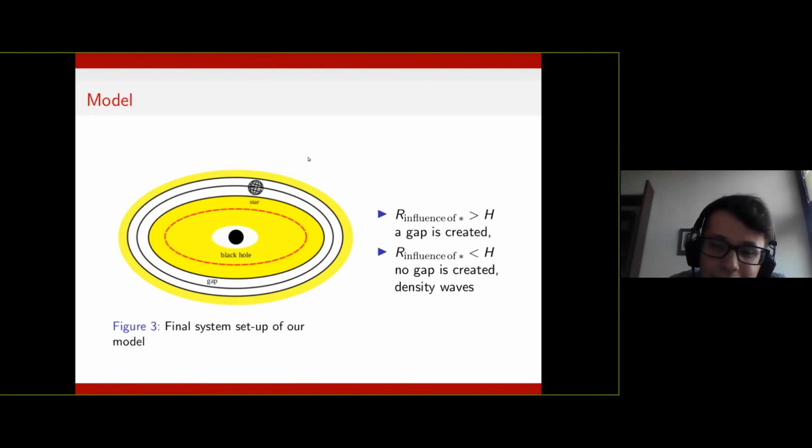But in case the sphere of influence of the star is smaller than the accretion disk scale height, there's no gap formation, and instead there are density waves created, which then propagate through the accretion disk that's present prior to this process.